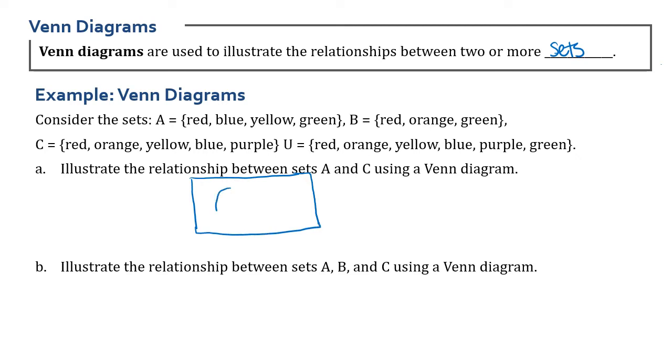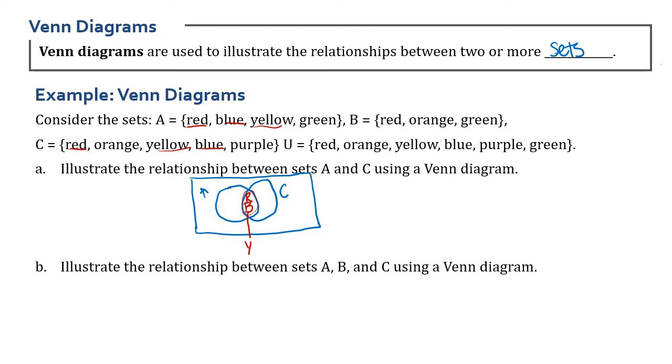And then we'll draw a circle for set A and an overlapping circle for set C. All right, so what goes in the middle where these circles overlap is the intersection, the values that are in both A and C. So we said the intersection of A and C, it looks like, are red and blue and yellow. I did not make this big enough. Yellow is also in there. All right, so I counted all of those.